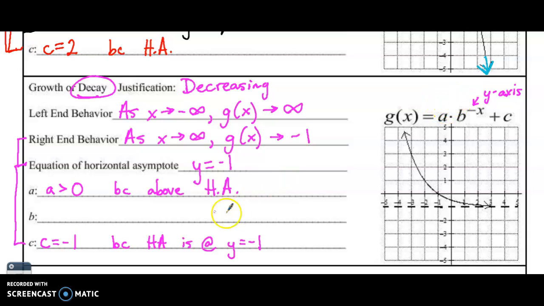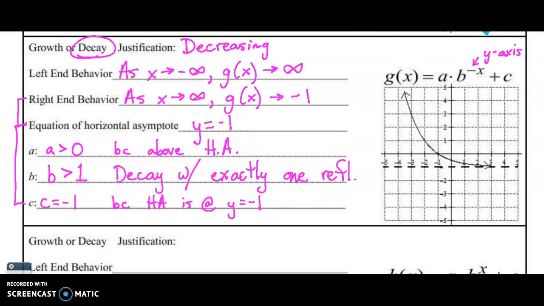So that means that we have a decay function with exactly one reflection, the y-axis that we already established. Well, how do we get a decay when we have one reflection? It's if that base is larger than 1. That's how we can figure that out.